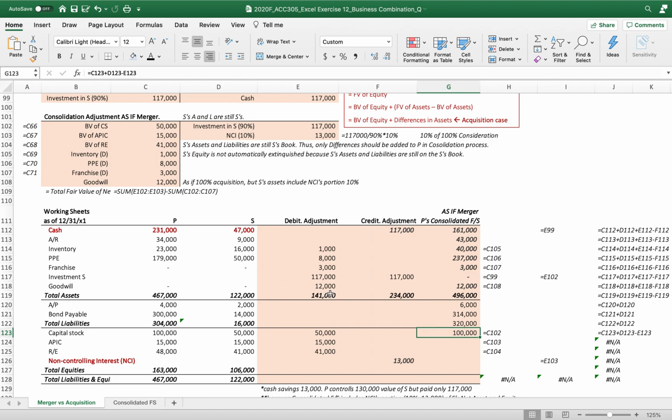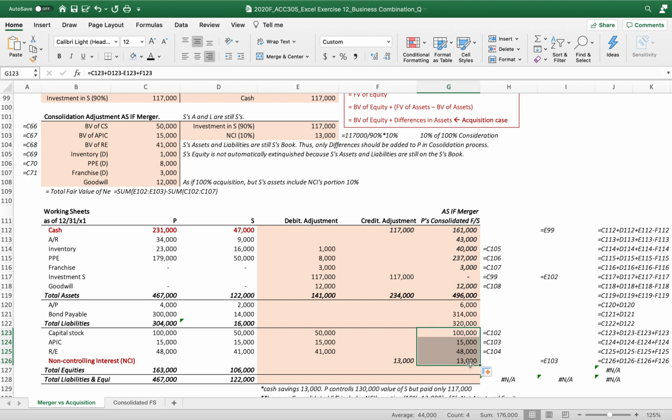The reason why we have to remove the book value of this S company is that the company acquires all the assets and liabilities, which is the fair value of net asset, including these differences. So you got it. I'm going to just plus this, and then let's drag down.